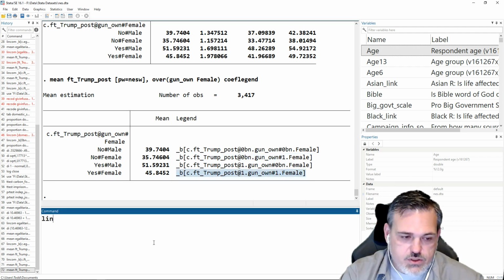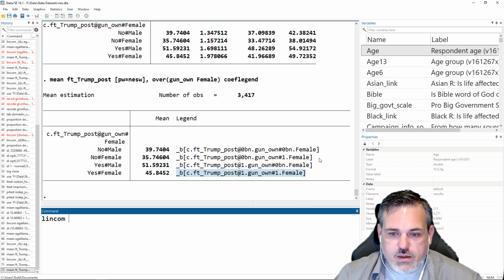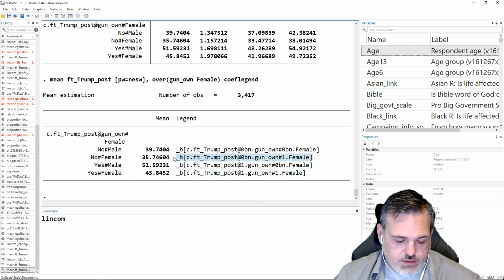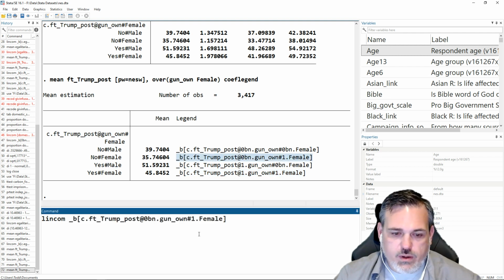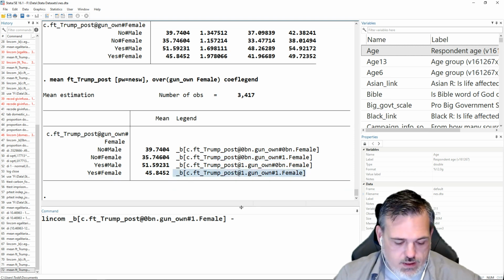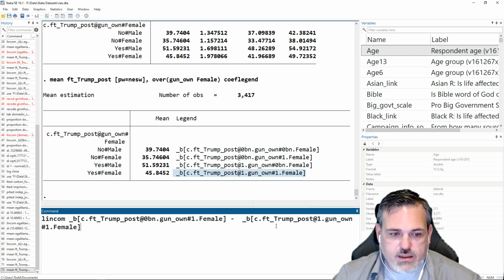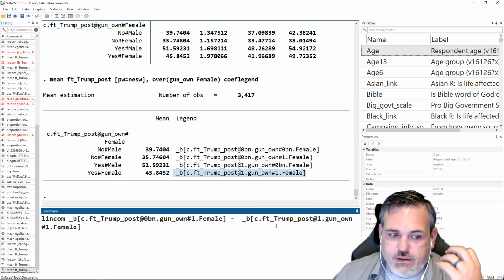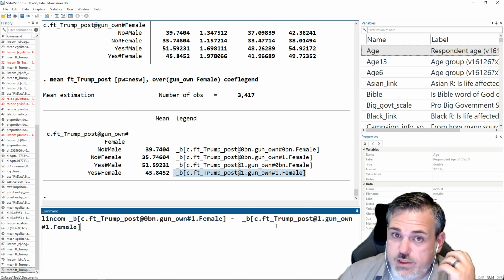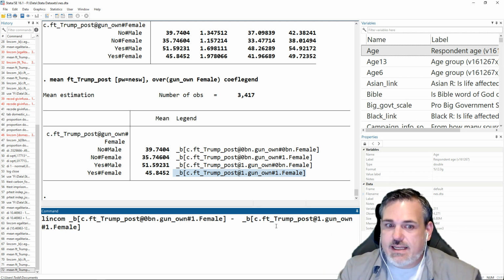So simply we just do lincom. We take this. If you're wondering what I'm doing, I'm just hitting Control-C so I can copy and paste it. And subtract it from this. So we're subtracting no gun ownership from gun ownership. We're testing to see if the two are statistically different.